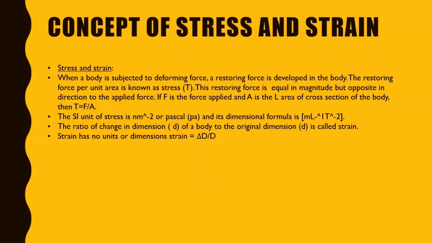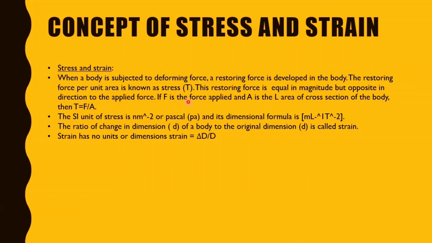So that is the restoring force. The restoring force per unit area is known as stress. This restoring force is equal in magnitude but opposite in direction to the applied force. So if you are applying a force in the right direction, the restoring force will be in the left direction, right?